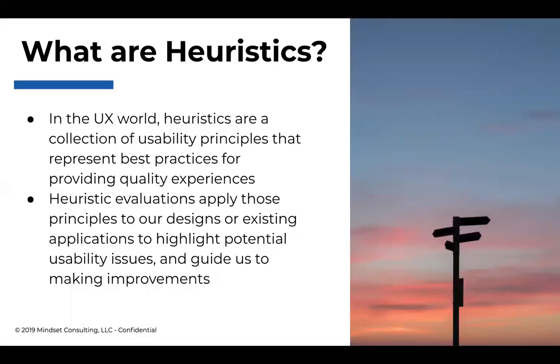So I want to talk a little bit about heuristic evaluations. At first it sounds kind of complex, but it's really not. Heuristics are basically just a collection of usability principles that represent best practices. Typically we see there are about 10 heuristics. We'll go over about 5 of them today that I see come up most often. But a heuristic is nothing more than a best practice and a lens that we can use to evaluate our application.